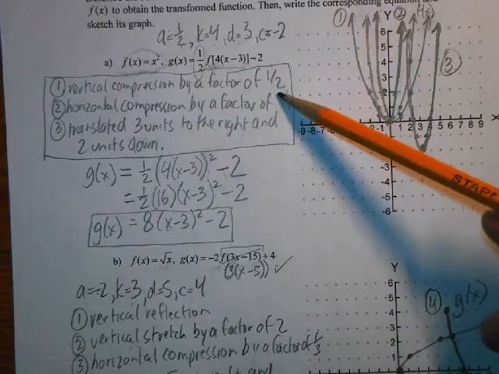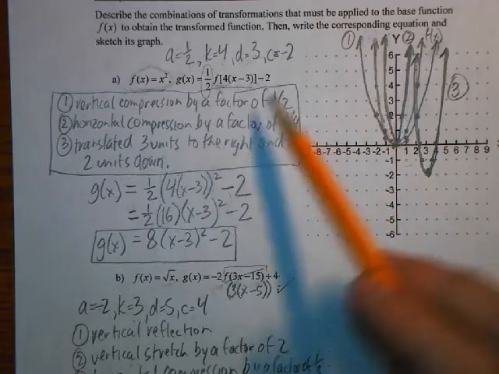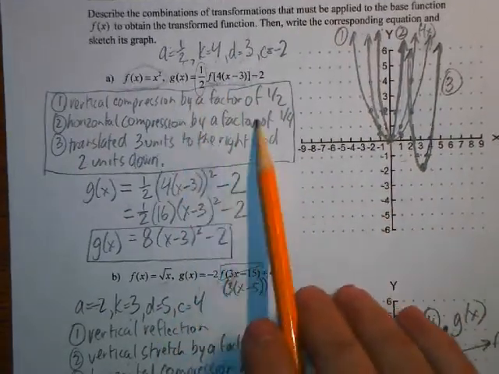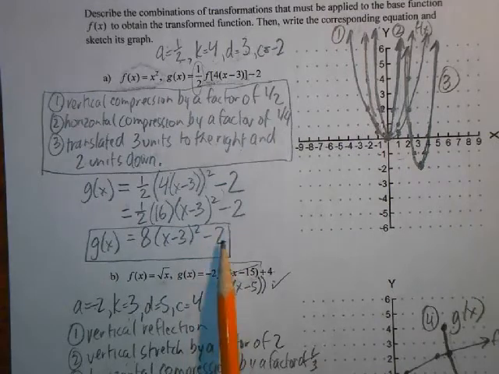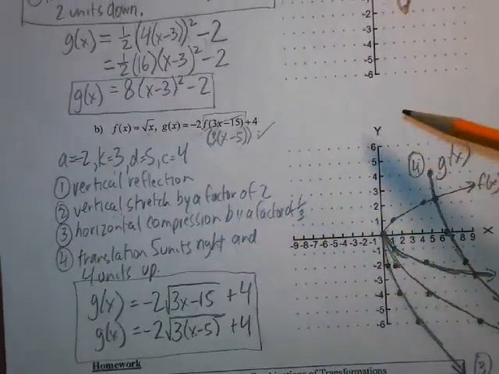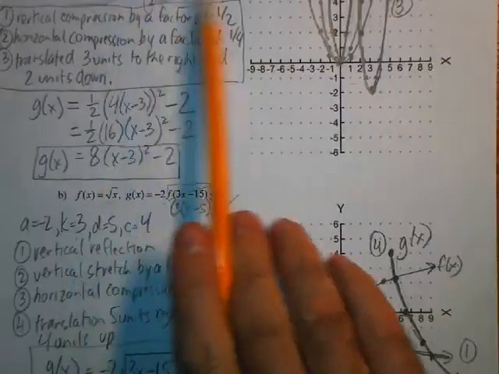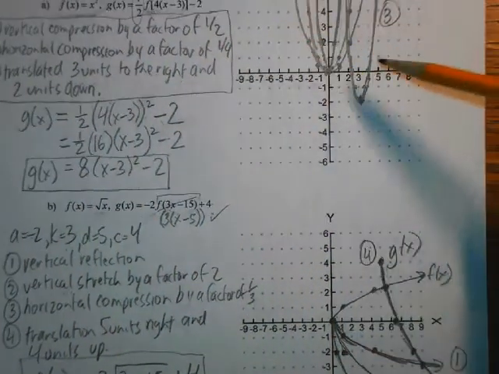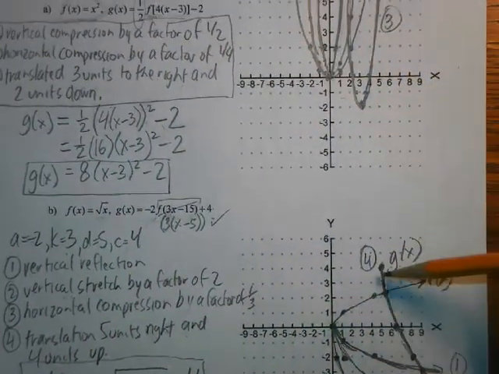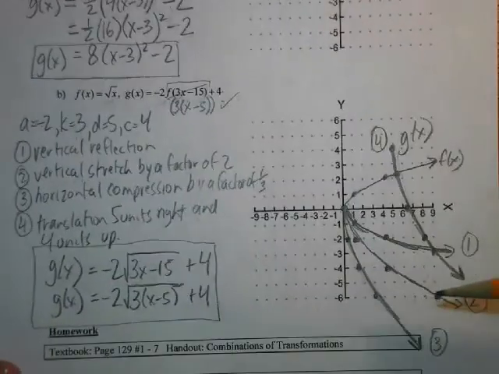We're just going to adapt it to become more efficient and more accurate. All the work we did on this side is still very valuable and required. What we're going to change in the next lesson is how we go about applying these A, K, D, and C values and the base function to create only the final version, your g of x graph.